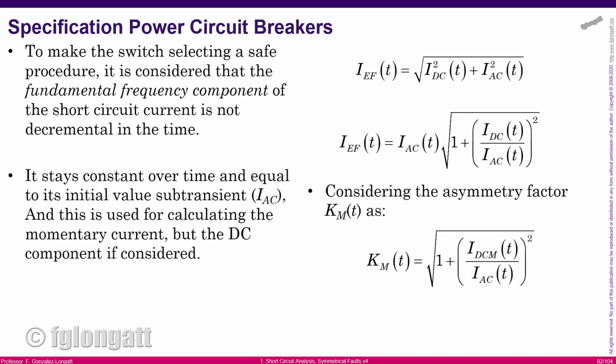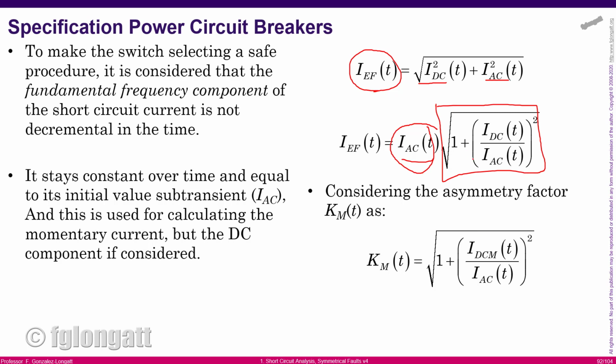I say that the effective short circuit current has two components, DC component and AC component. And using the same mathematical trick, I can say that the total effective short circuit current could be the AC current multiplied by this factor over here.